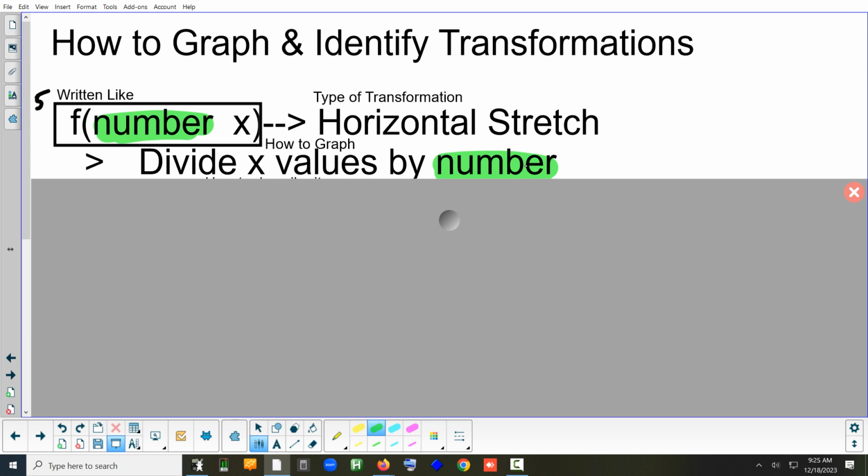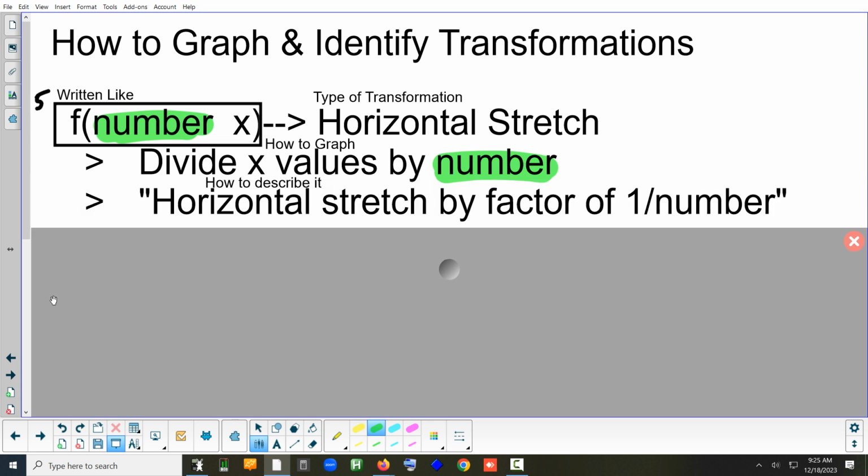So could this mean we get some fractions? Yep, could mean we get some fractions. So preferably, I'm going to try to pick numbers that avoid that. And usually you can, if you pick numbers correctly. All right, so how do you describe it? This is probably the trickiest one to describe, but as long as you write this sentence, all you have to do is fill in the word number.